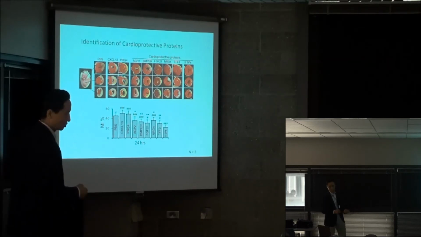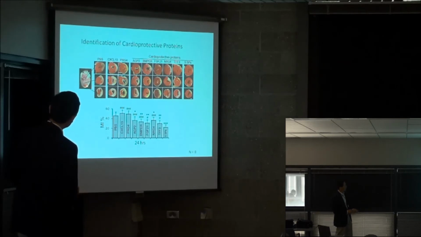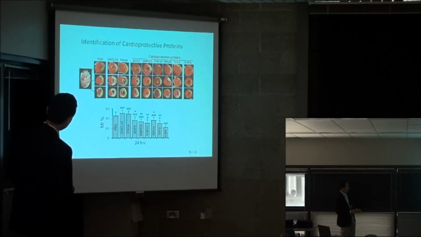That's the location where the coronary artery ligation was. And below that ligation point, from each heart, we got 3 pieces, one immediately below the location, second piece from the middle here, third piece from the apex area. So each circle here is a slice from the left ventricle.